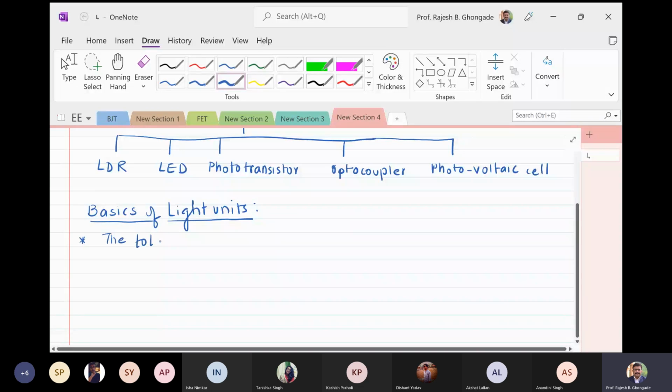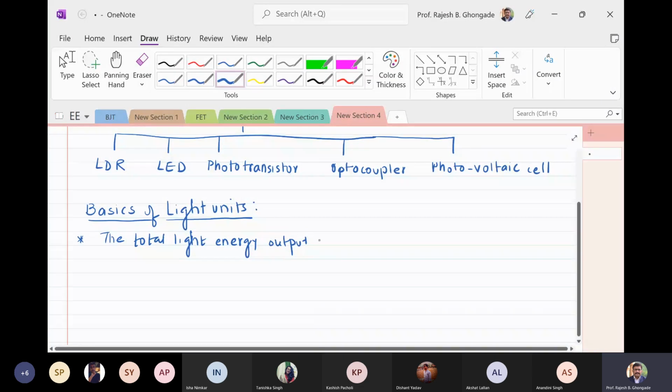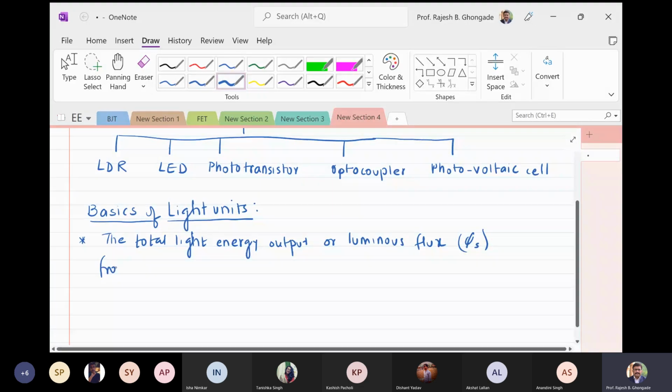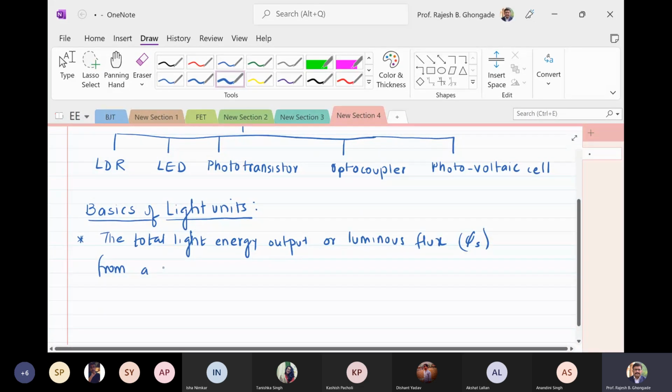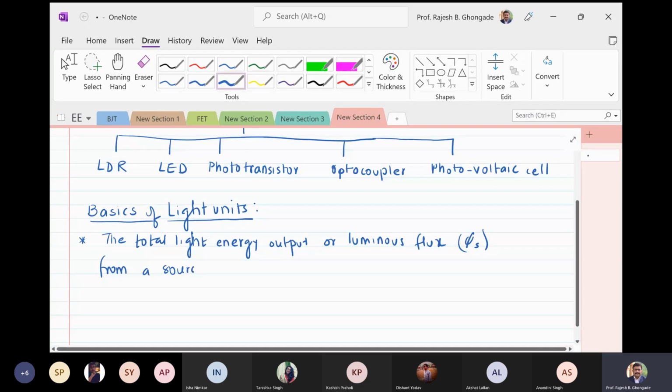Total light energy output, also called the luminous flux, which is most of the time denoted by phi s, from a source, can be measured in milliwatts.